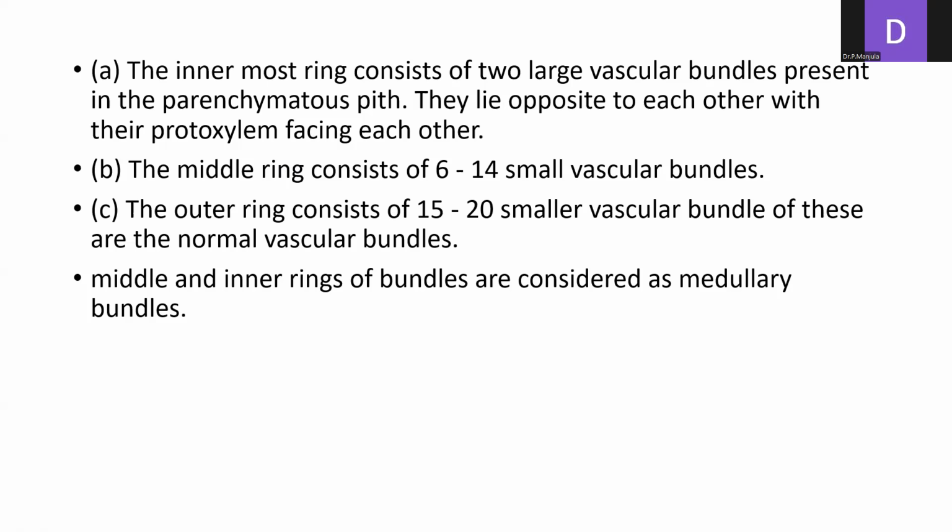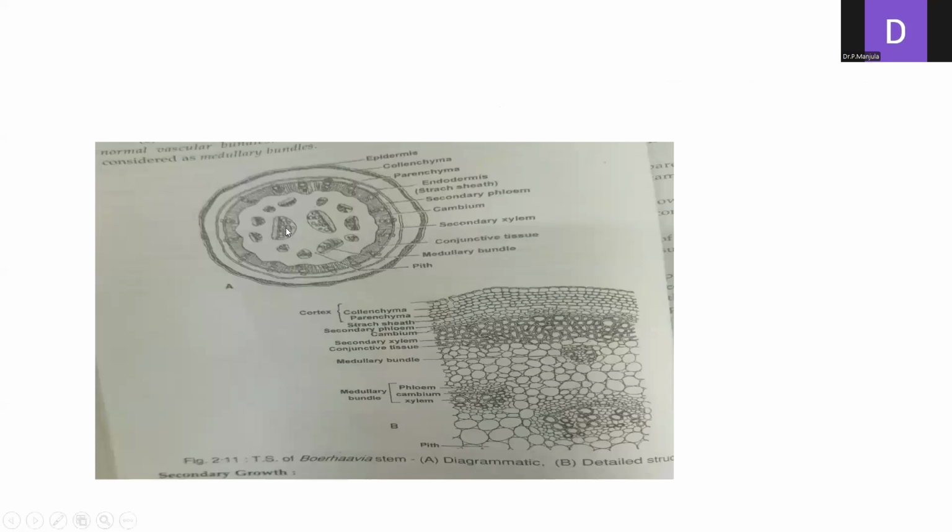So this is the structure: these are the two medullary vascular bundles of the inner ring, these are the middle ring, and this is the outer ring of vascular bundles. It also contains epidermis, collenchymatous hypodermis, parenchymatous cortex, endodermis, and pericycle. Okay, so this is the structure of the Boerhavia stem.